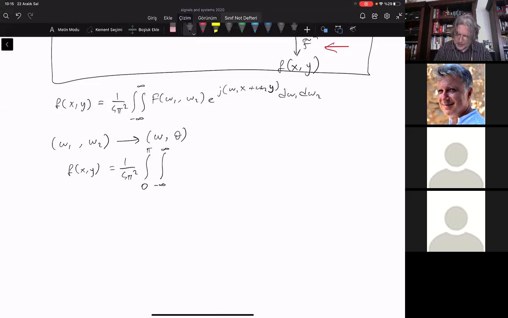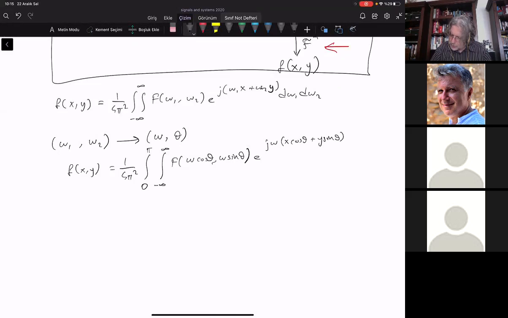Okay. And inside it, I will have f of omega cosine theta, omega sine theta, e to the j omega x cosine theta plus y sine theta.